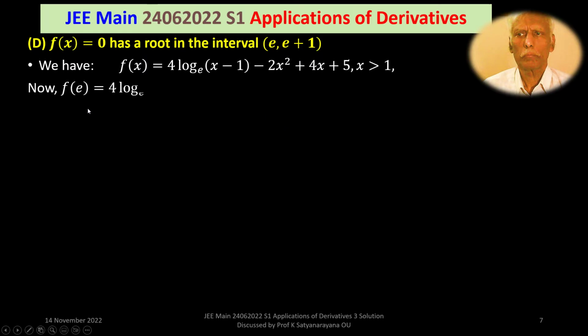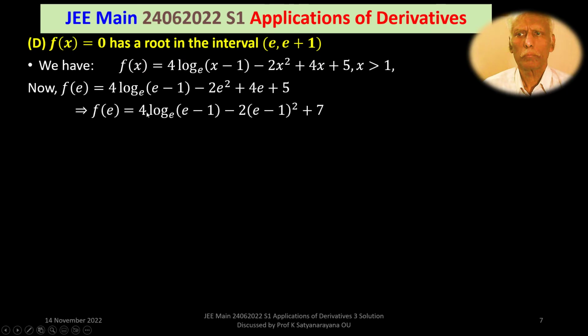So now see, f of e is 4 times log of e minus 1 minus 2e square plus 4e plus 5. This can be written as 4 times log of e minus 1 minus 2 into e minus 1 whole square, the terms are adjusted, plus 7. And now note that e minus 1 greater than 1, so log of e minus 1 is greater than log of 1, that is 0. Why does this happen?